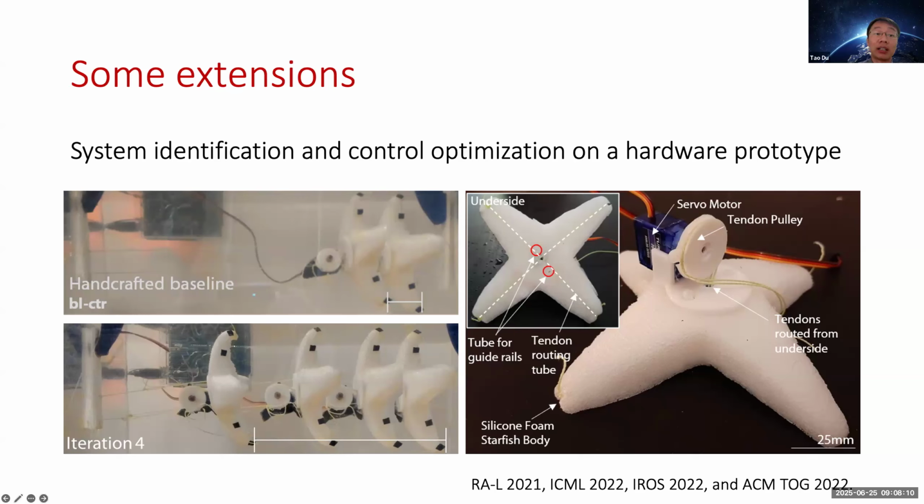We run an optimization loop over the system parameters, including the simplified fluid model and the control parameters, which in this case is an open loop controller. Both gradients are obtained from the differentiable simulator. After several iterations of optimization with differentiable simulators, our starfish managed to swim at a speed substantially faster than a handcrafted baseline, as shown in the two left photos.